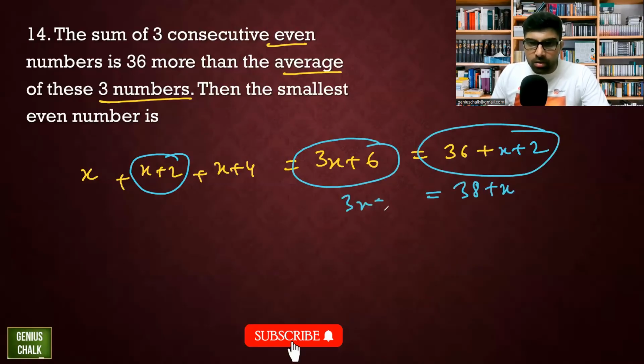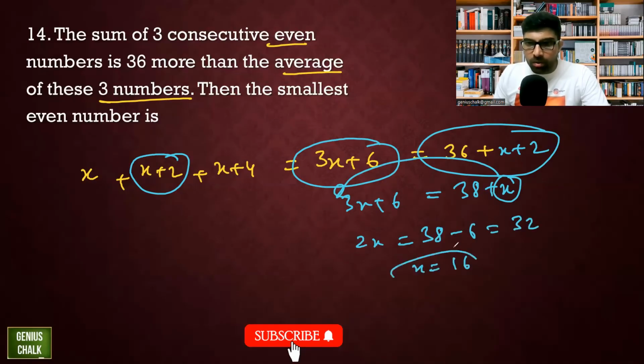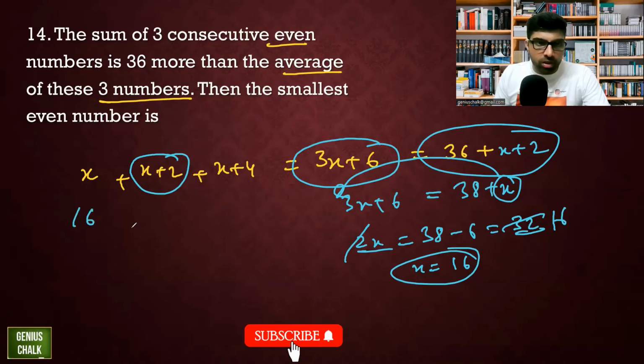So 2x is 38 minus 6, that is 32, and x will be 16. As 2x is 32, x is 16, that means the first is 16, the second is 18, the third is 20. The smallest even number is 16.